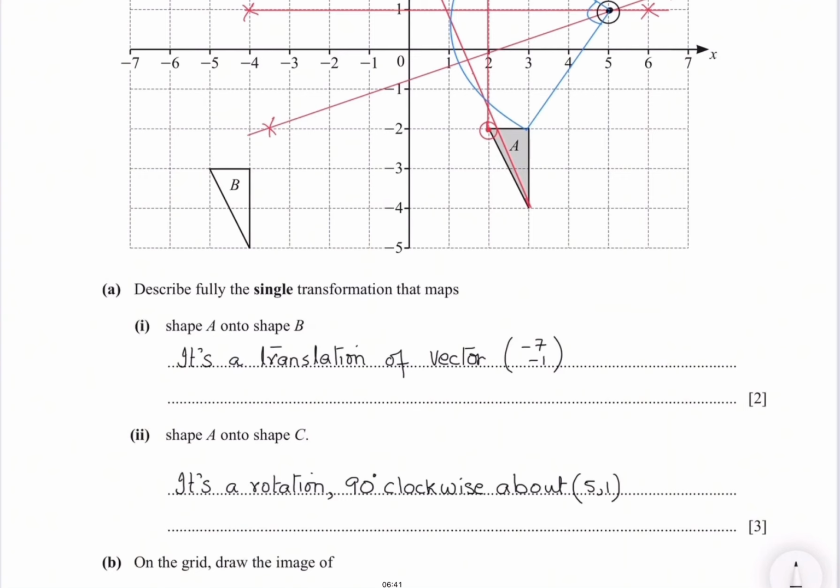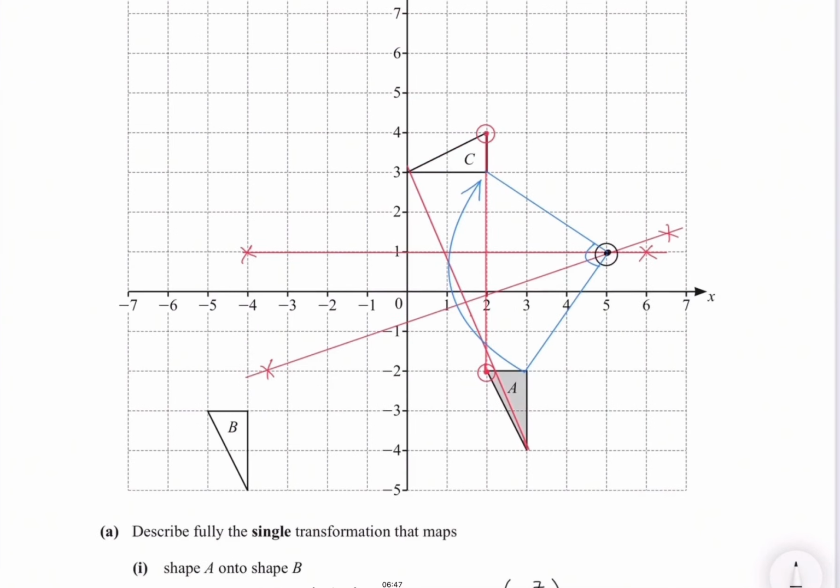On the grid, draw the image of A in y is equal to 2. The line y is equal to 2, I have drawn it with the green line. So you have to reflect it.